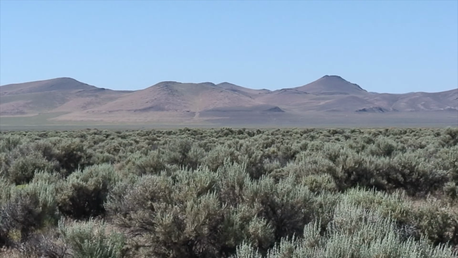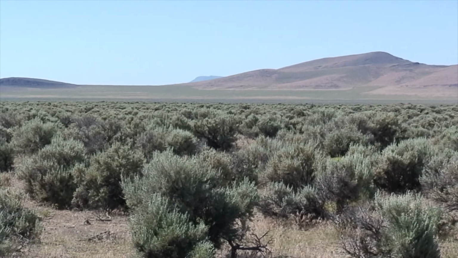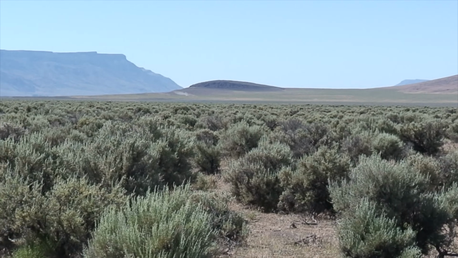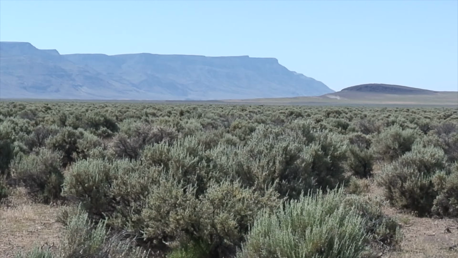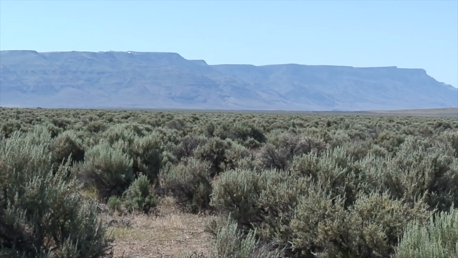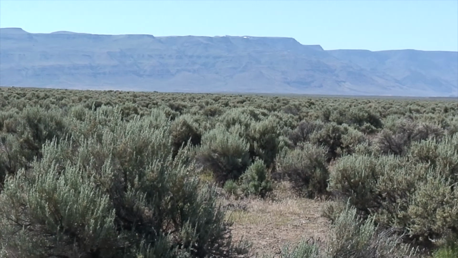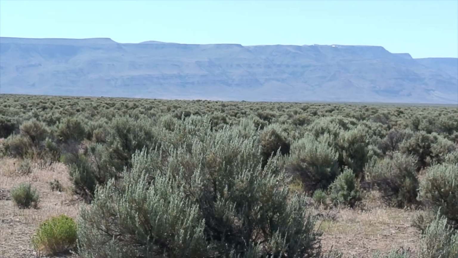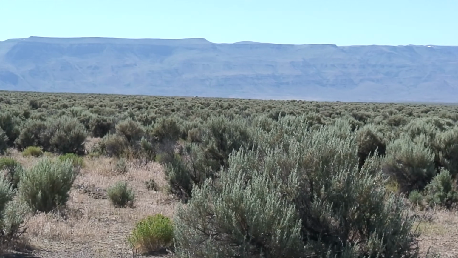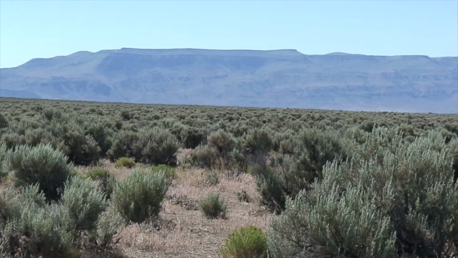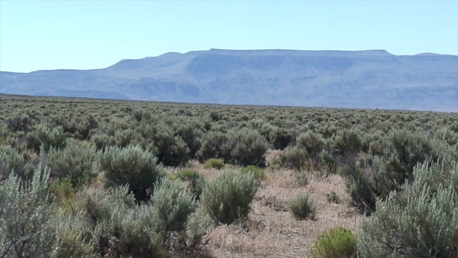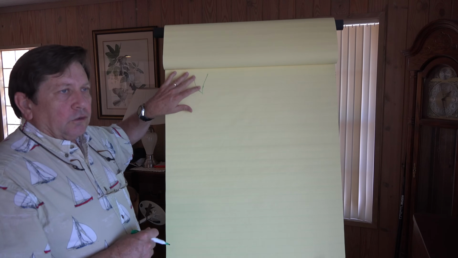Now for our desert piece of property, that's a little more complicated. We're going to look in various areas. First, what I like to do is look for a gully. A gully is V-shaped.